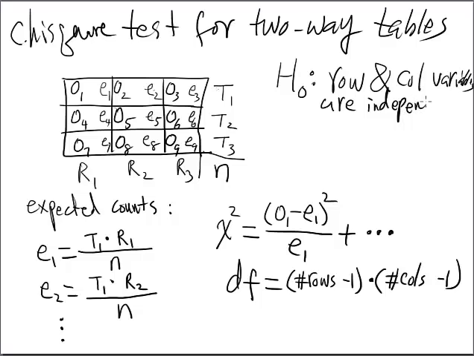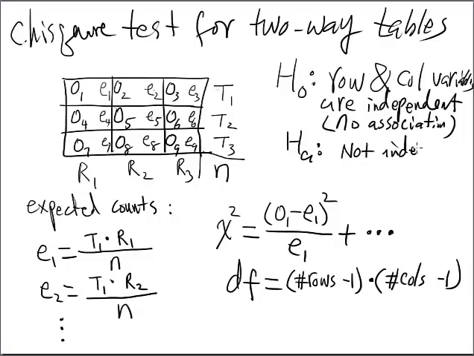Okay, independent. Or no association. Same thing. And HA is not independent, or there is association. Okay, that gives H0 and HA. All right.